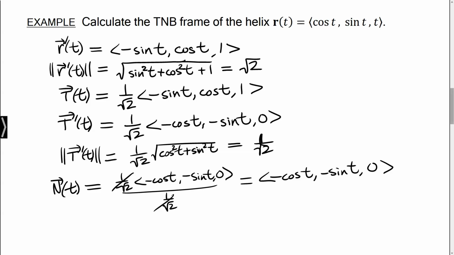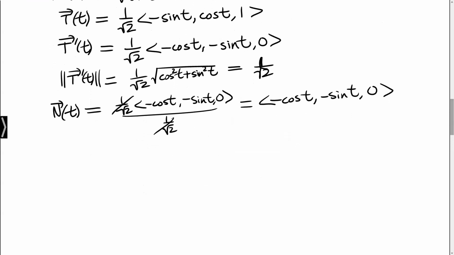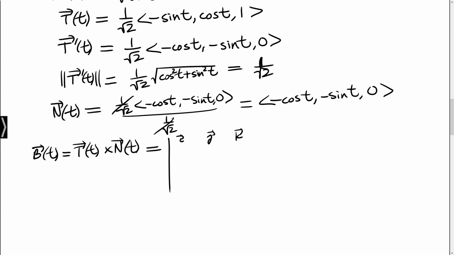Now we move on to the binormal. And for the binormal, we just take a cross product. We're going to take the cross product of T with N. Now, one of the properties of the cross product is I can take out constants. So instead of having the 1 over root 2 times minus sine, let's just put the 1 over root 2 outside of the determinant.